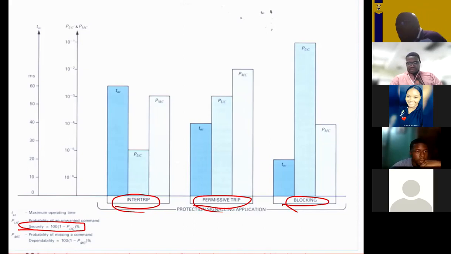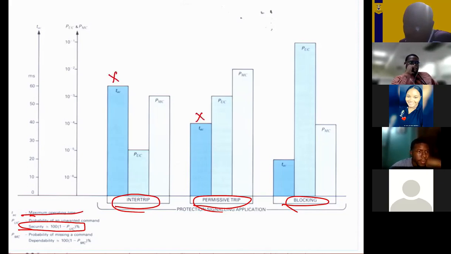All right? So with that said, we also want to take note of the maximum operating time, which is shown here. All right. And this now corresponds to what we said last time, that in terms of your blocking scheme, because nothing occurs instantaneously, right?